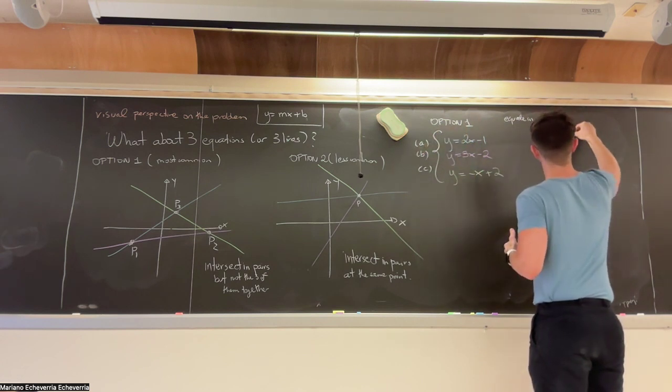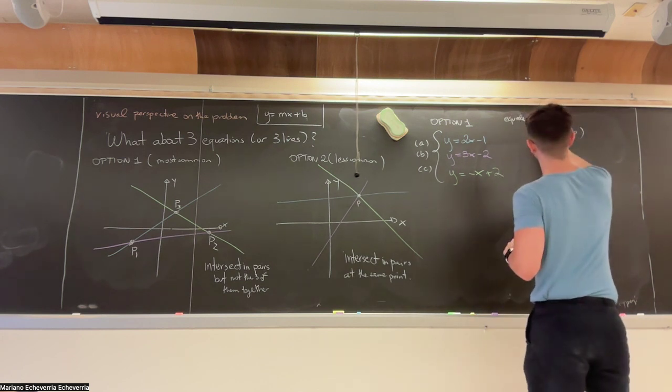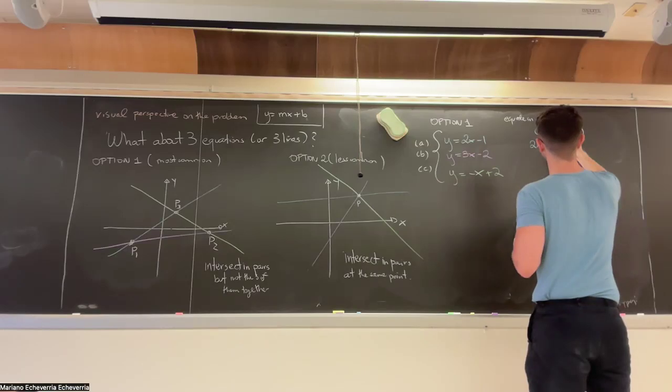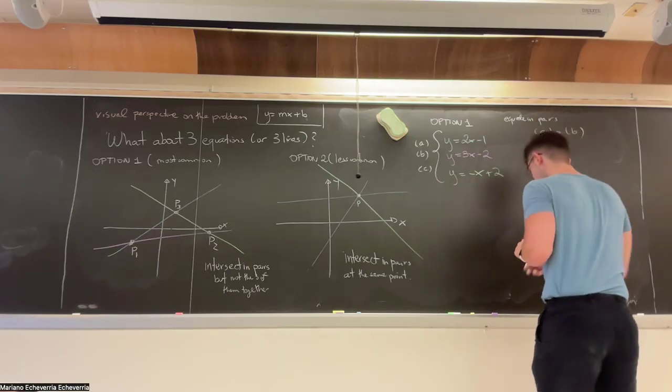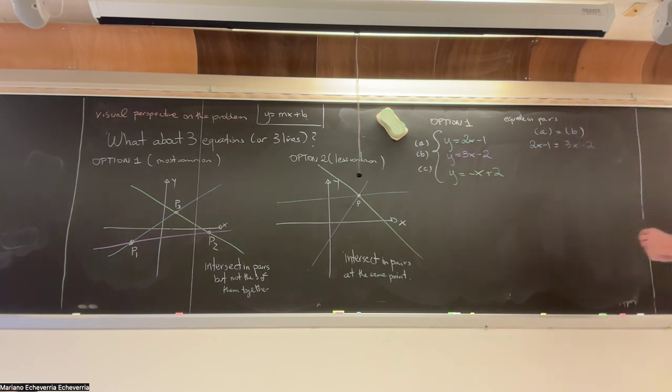So you say that A has to be equal to B, then you get that 2x minus 1 is the same as 3x minus 2. Okay, and then what can we do? We can subtract 2x on both sides.